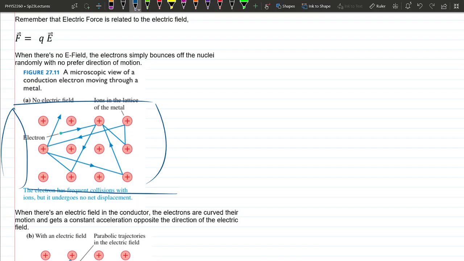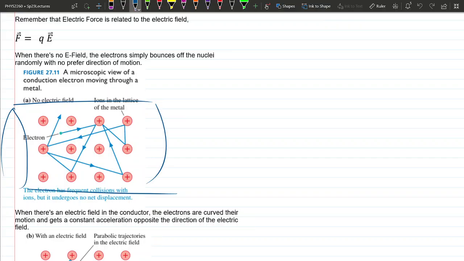Normally this electron will just keep bouncing around in random directions, and it's equally probable for the electrons to come out on this side as it is to come out on that side. And when you have 10 to the 28 electrons bouncing around, those charges are going to balance each other out. You're not going to get a net current to the left or to the right.